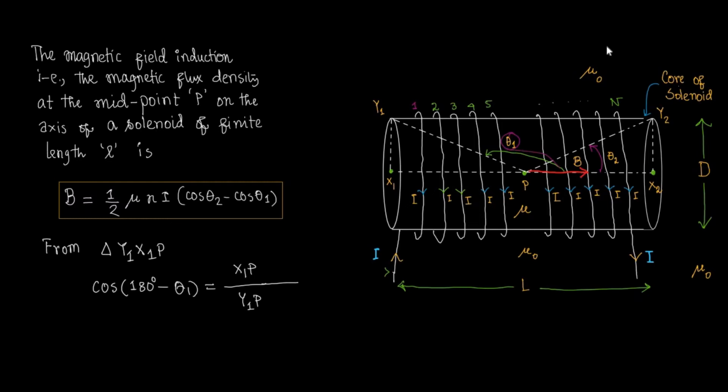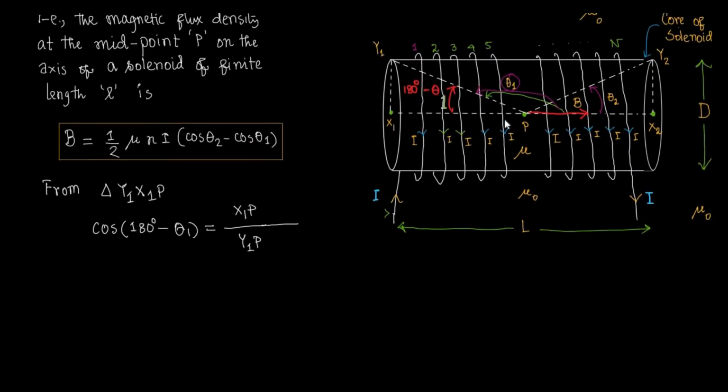So here we have denoted the angle theta 1, that is the angle subtended by the oblique distance y1p with the axis x1x2. Now the angle y1px1 is 180 degree minus theta 1, the angle subtended by py1 with the axis px1.